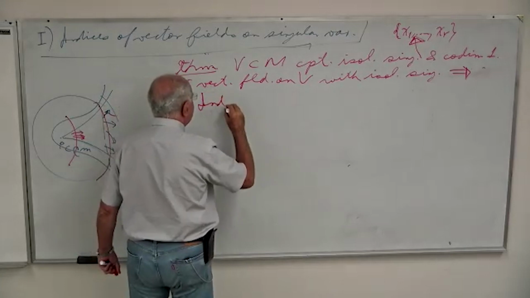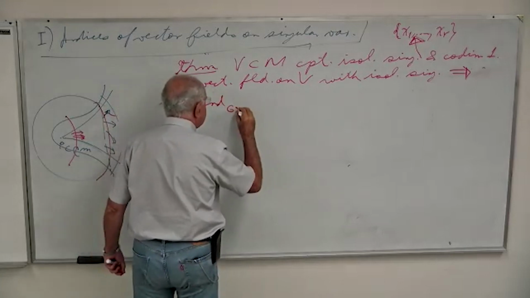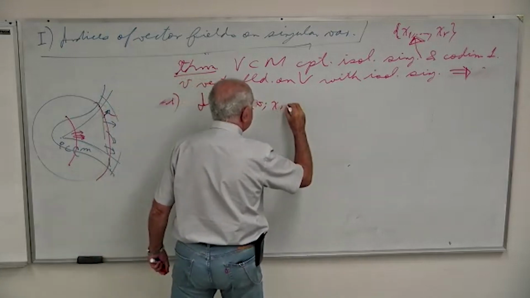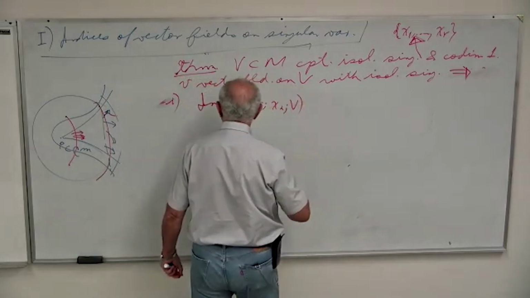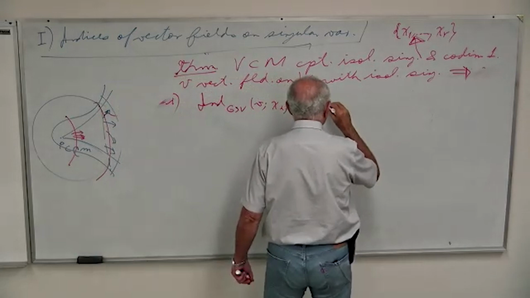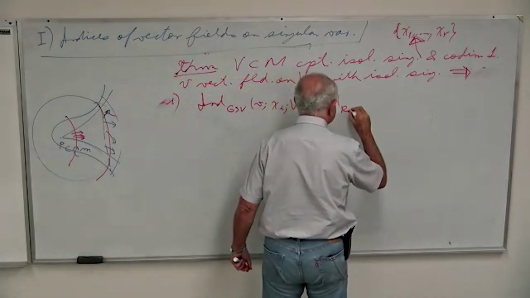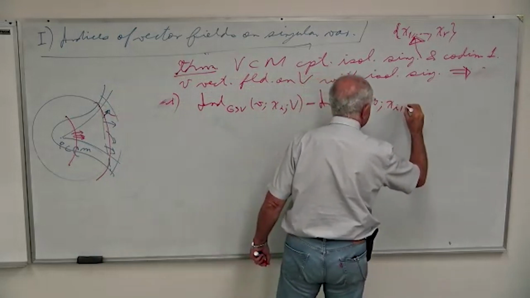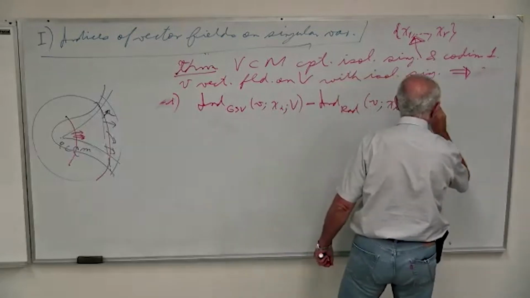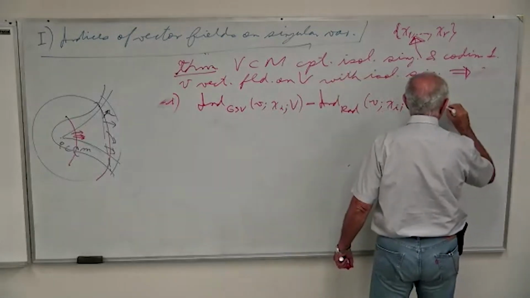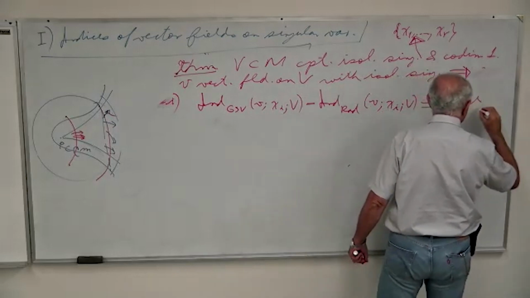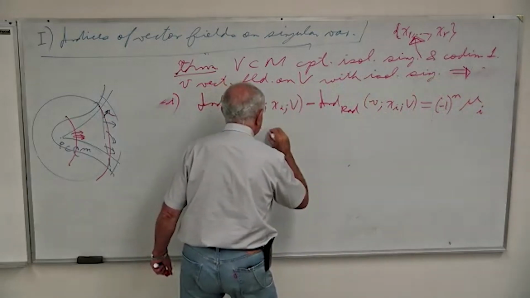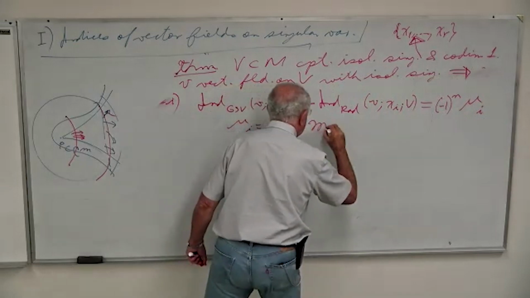We have the GSV index of the vector field at xi relative to V, and then we have also the radial index of the vector field at the point relative to V, and this difference is (-1)^n times the local Milnor number, where mu_i is the local Milnor number.